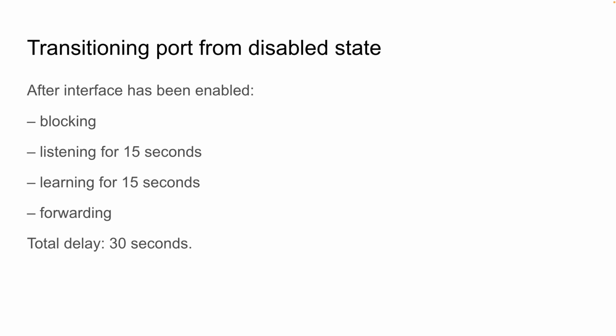In this state, the switch decides if this port must be brought back to blocking state or promoted to the forwarding state. If the switch decides that the port must be promoted to forwarding state, then after 15 seconds spent in listening state, the port spends the next 15 seconds in learning state and then transitions to the forwarding state. So here we have a total delay of 30 seconds.